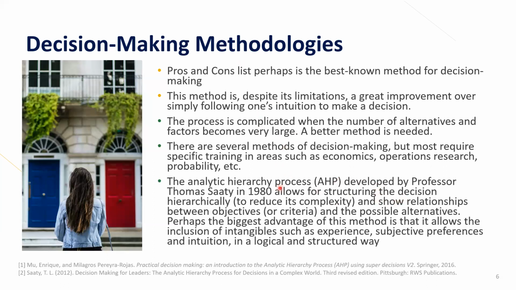It was developed by Professor Thomas Saaty in 1980, and this mechanism will allow us to structure the decision hierarchically, so it can reduce the complexity. Hierarchically means that it will give you the step by step on how you can show the relationship between.